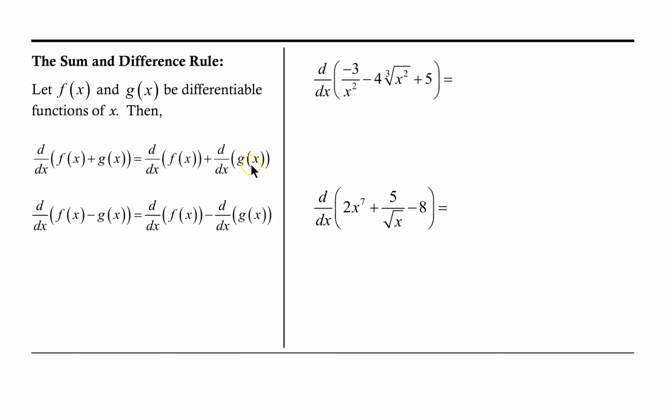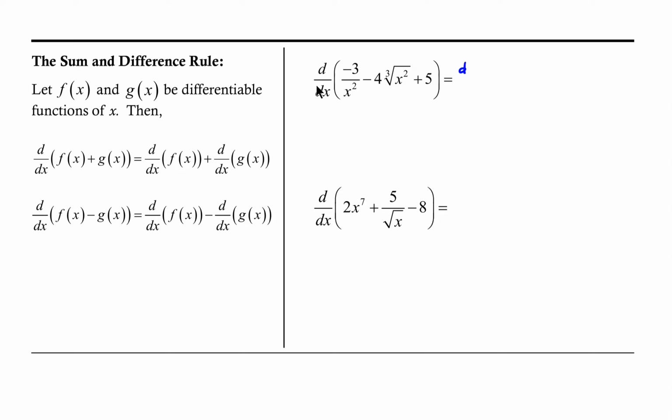So let's go ahead and look at a couple of examples of how these rules can be applied. In our first example, we have the derivative of negative 3 over x squared minus 4 times the cube root of x squared plus 5. So let's start by applying the sum and the difference rules.